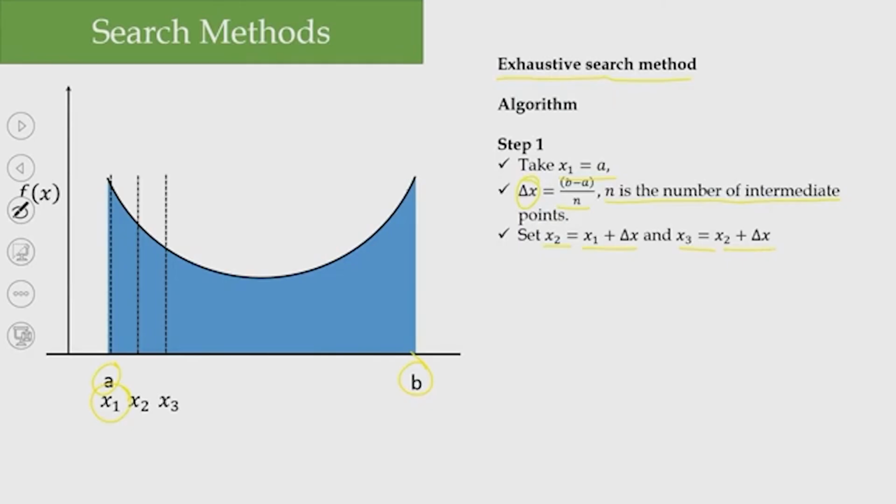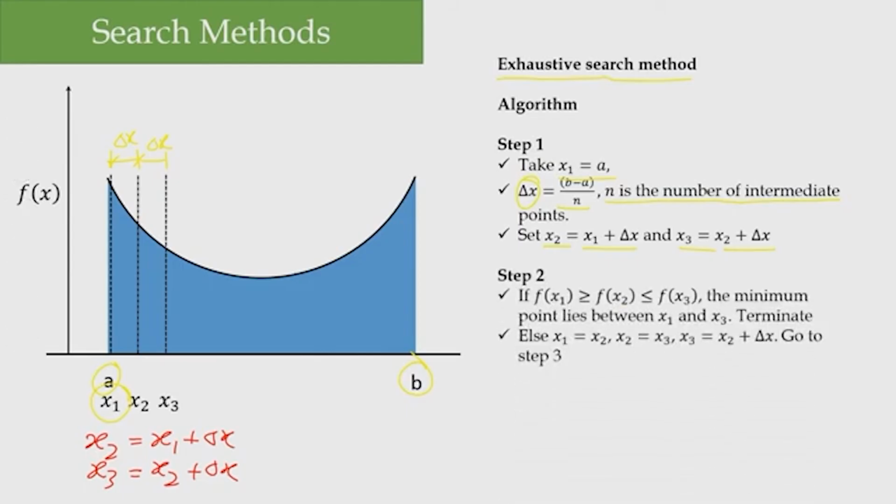So this is delta x and this is delta x. x1 is A, and then I get another 2 points, x2 and x3.